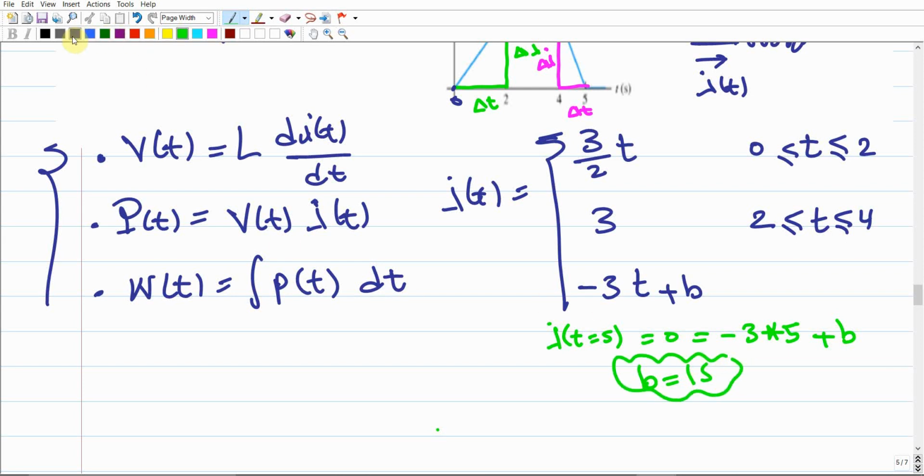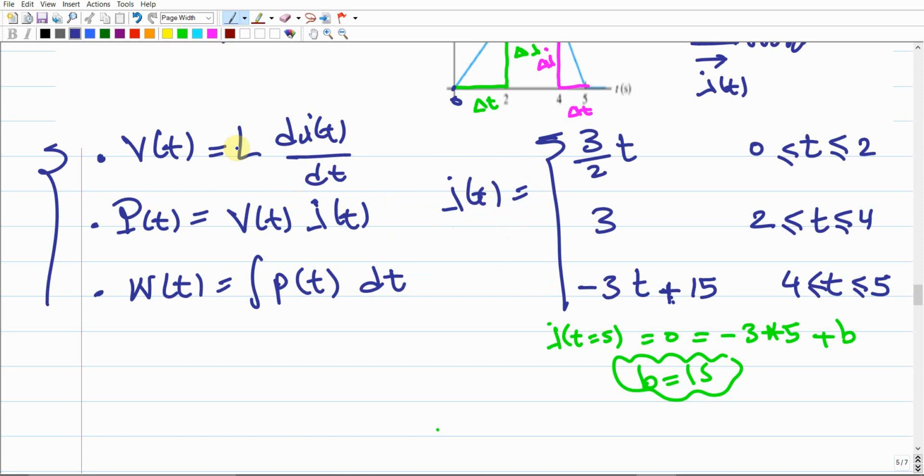So we can simply substitute for b into this expression. It's going to be plus 15. Make sense? We can even write this equation by considering the 3 as a common factor, so it would be in another form. But anyway, just leave it in this form for now, and this should be within the time period between 4 and 5. Make sense? So we got the current.